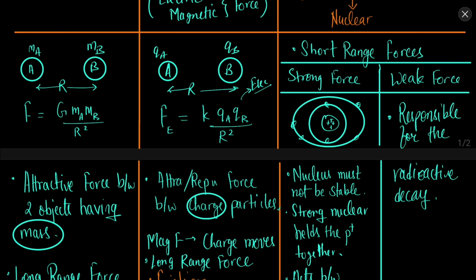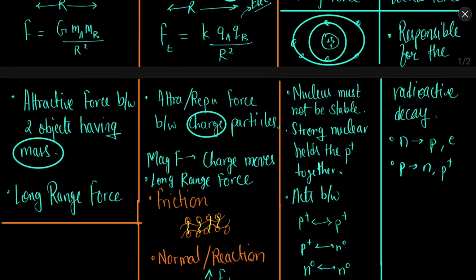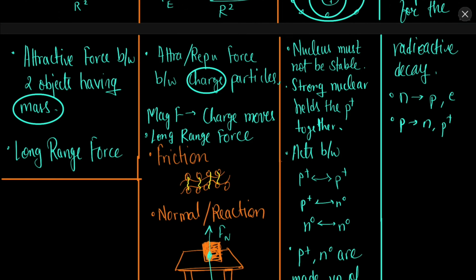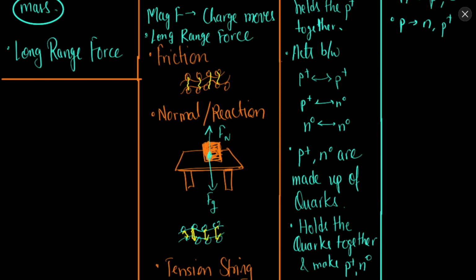A neutron can change into other particles. A neutron can change into a proton or electron, etc., and protons can change into neutrons or positrons, etc. So it happens because of the weak nuclear force. So the weak nuclear force is the reason behind radioactive decay, or the splitting of a nucleus into smaller nuclei. Weak and strong nuclear forces both are very short range forces.